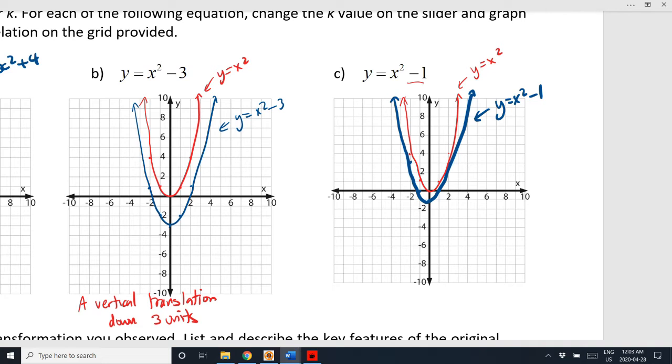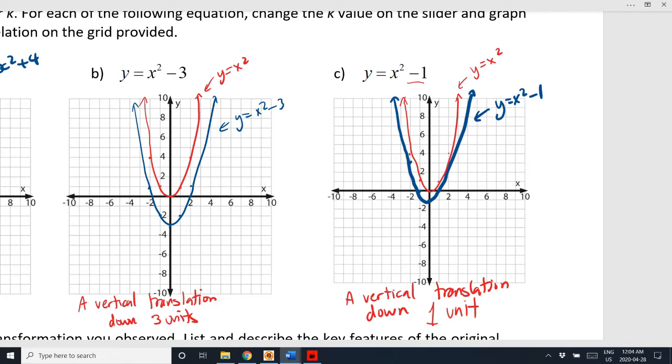Oh, that's right. A vertical translation down 1 unit. Very good. So I think we got a handle of the value k and what it does.